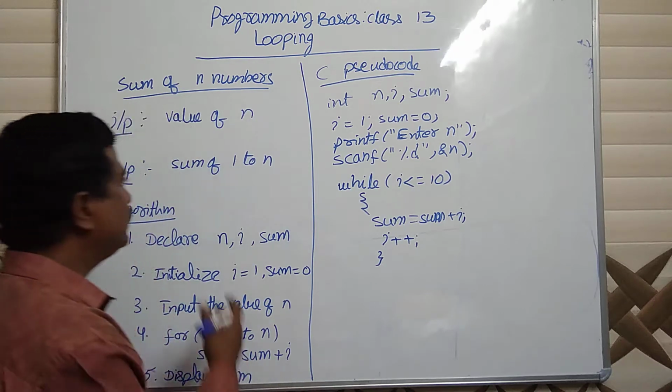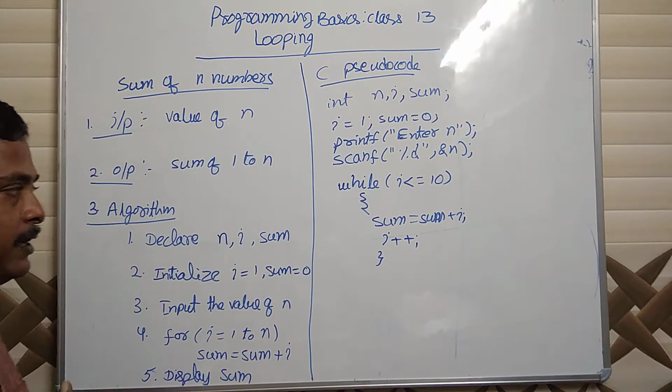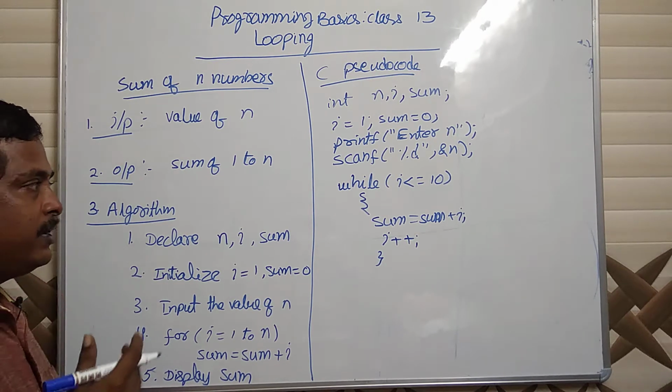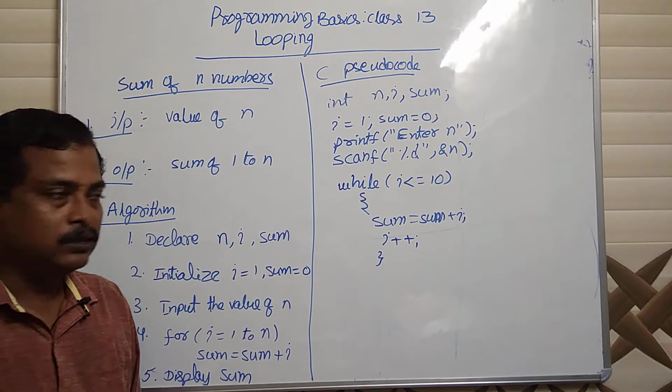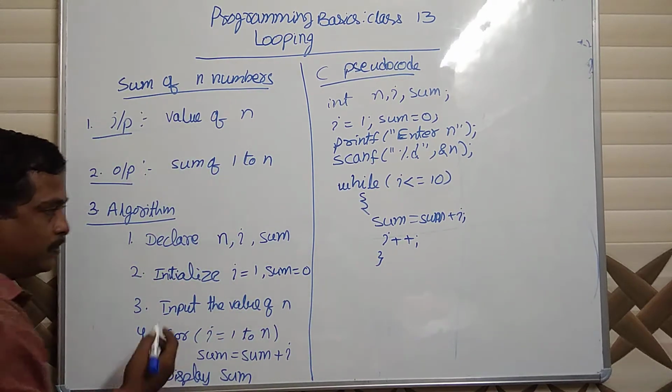I told you I will take the second one, I will add 1 by 1 element. You can take directly the formula n into n plus 1 by 2. If you are taking the formula, loop is not required, so that's why I have taken this one. Final step, fifth step, display.